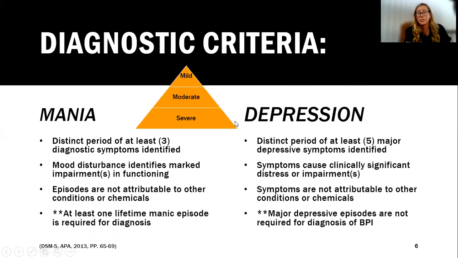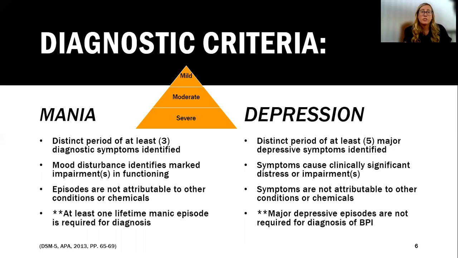Also, in order to have a diagnosis of bipolar condition, there has to be at least one lifetime episode of a manic condition, which is noted somewhere within that client's medical history. On the depressive episode side, the individual needs to meet at least 5 of the major depressive symptoms that we discussed, as well as, again, the impairment that is noted, with no medical conditions or chemicals contributing to that.